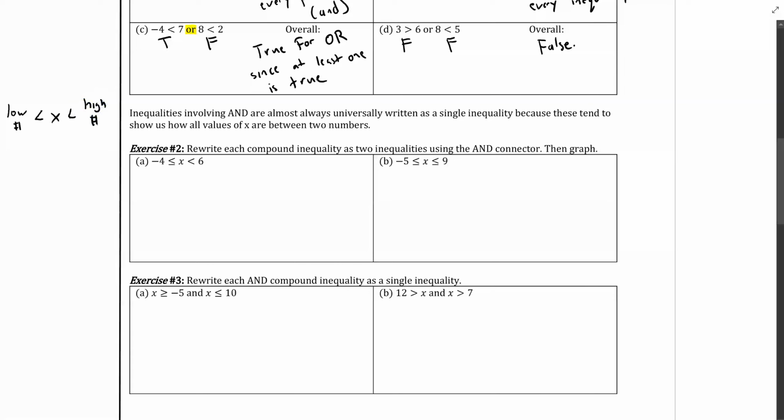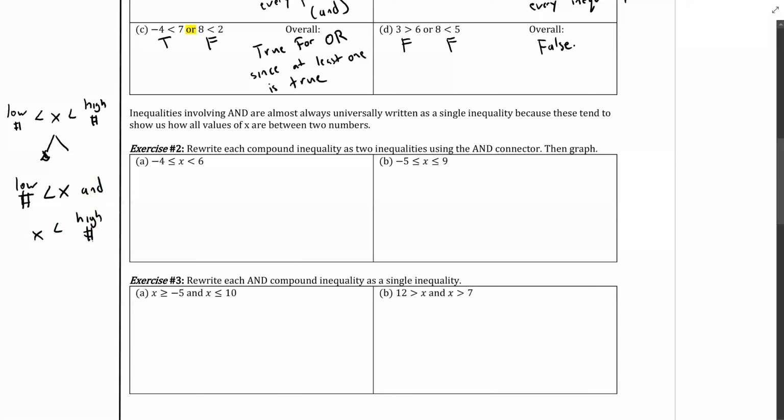So x must be bigger than the low number, and it must be smaller than the high number. And then we're able to break this up into the low number is smaller than x, and then x is smaller than the high number.